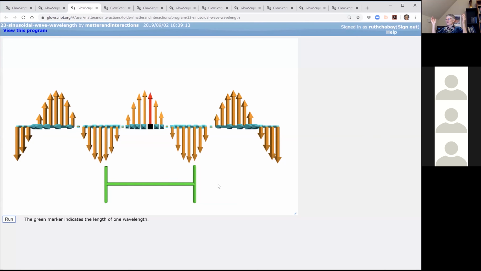And so it all comes together here. More waves, more photons, more energy. That's absolutely right.